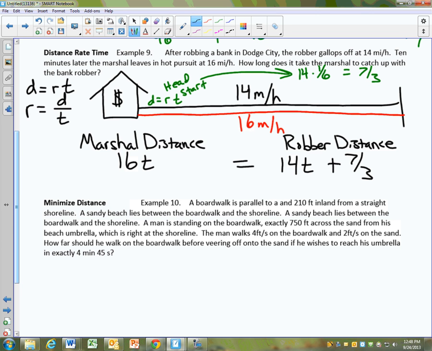Sure, go ahead, change it to decimal. I won't, because I like fractions. All right, so we're going to subtract 14t from both sides. We get 2t is equal to 7/3.